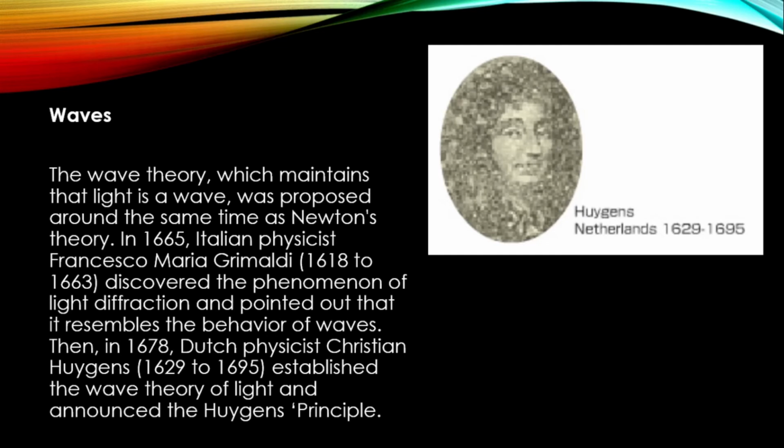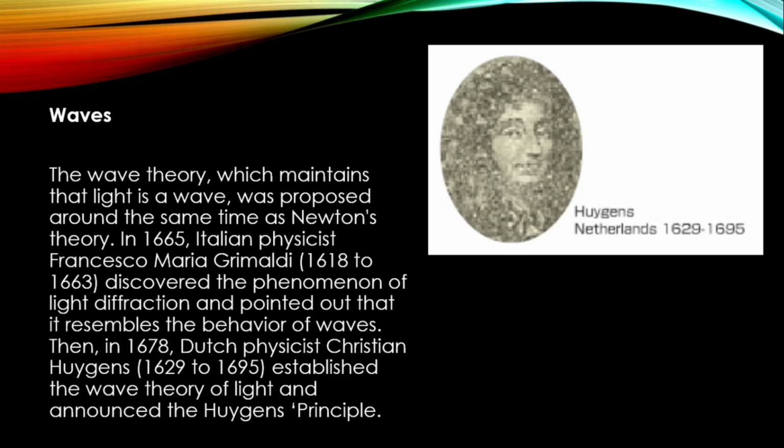So from that point in time, we believed that light travels in a wave form because of the announced theory of light by Huygens, who lived around 1629 to 1695.